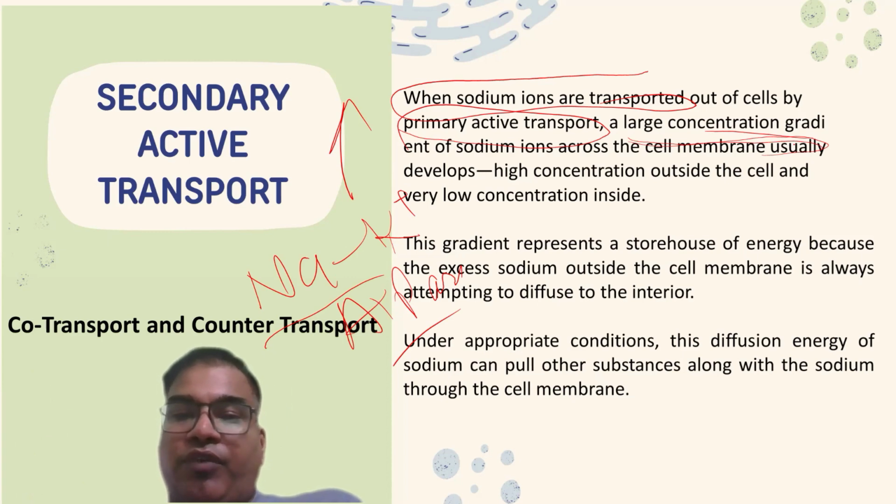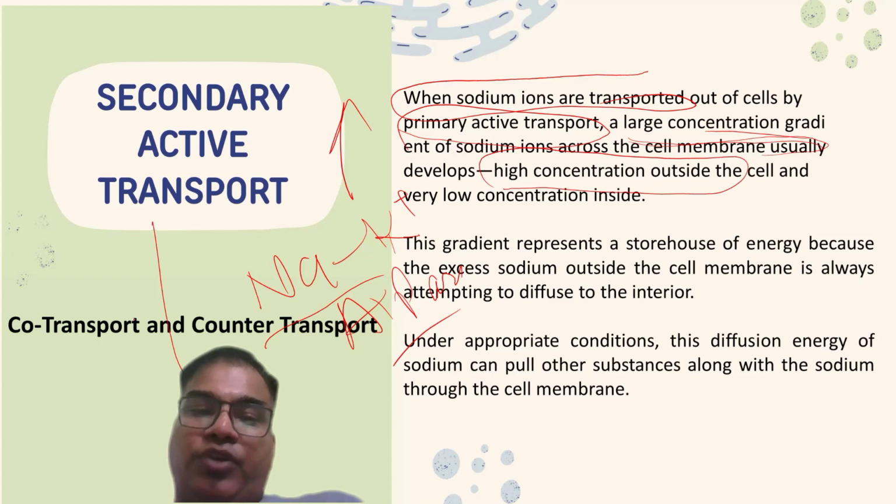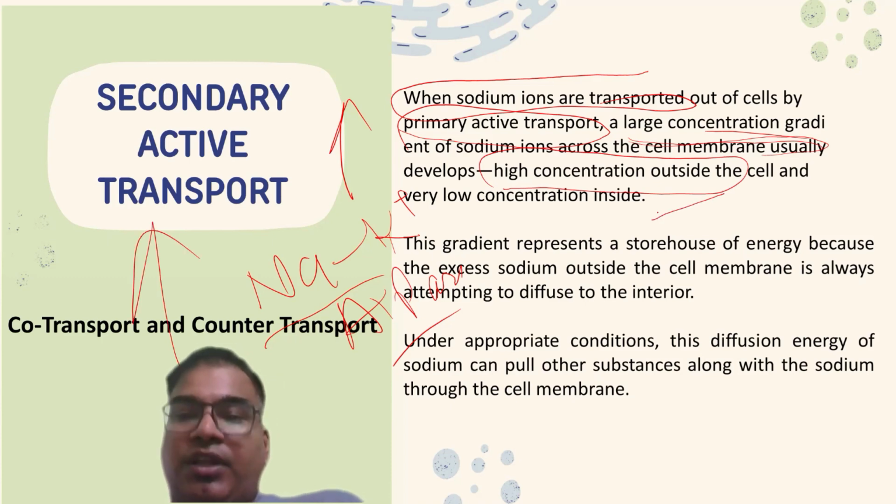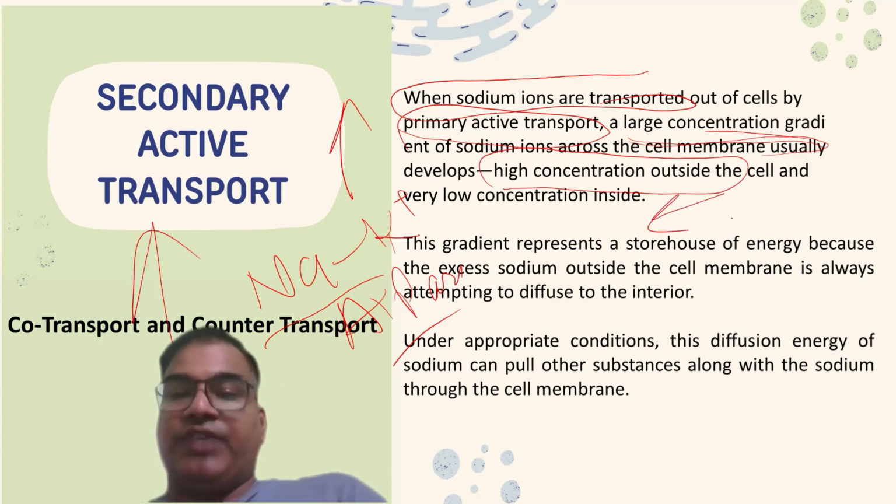So sodium will always have a tendency to move inside the cell, because there is a high concentration outside the cell because of the sodium potassium ATPase. When sodium was moving out of the cell, there is a lower concentration inside the cell.